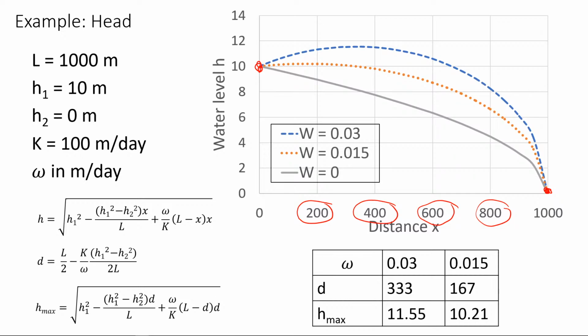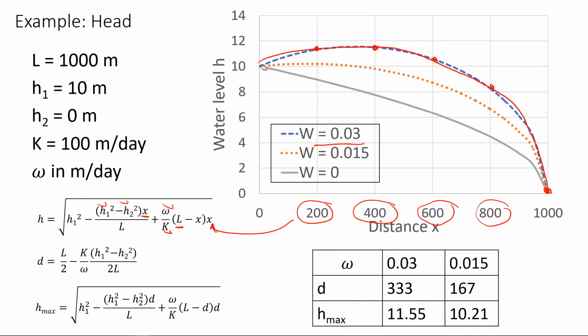You plug X equal to 200, L is given, W is given, K is given, and I calculate this value here. Then I do the same for each value, and Excel will just plot this line for me. That's how I did it.